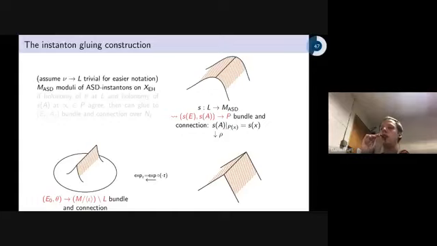If we have this, then consider a map S from L into MASD. This gives rise to a tautological connection S of A on the bundle S of E over P, which is characterized by the following property: if you restrict S of A to some fiber Px, then it's the same as the connection given by the map S, so that should be equal to S of x.